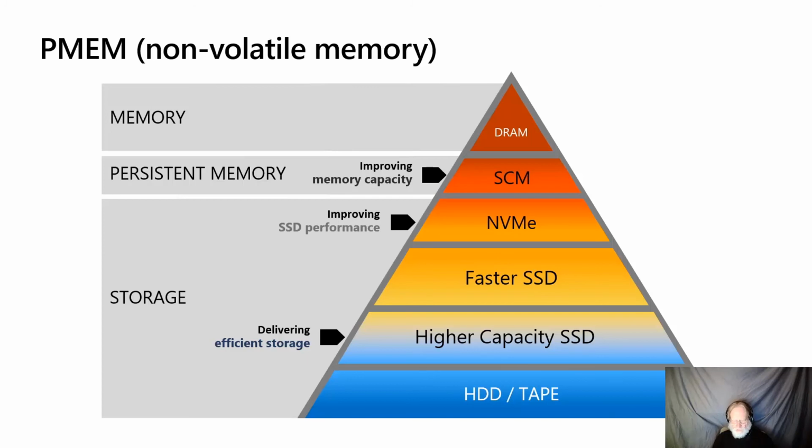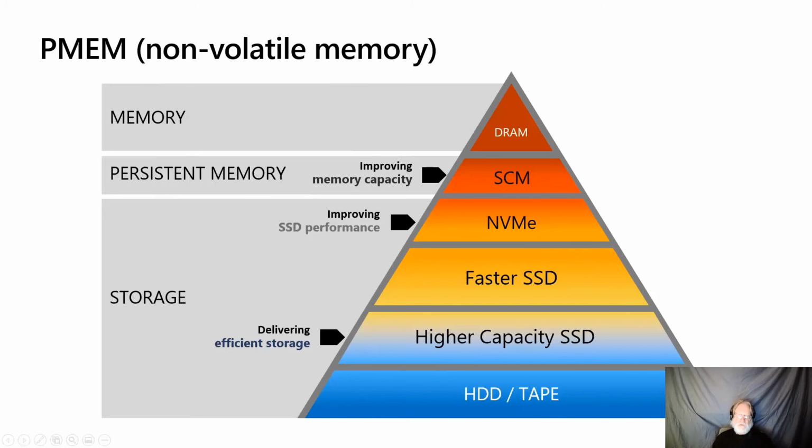Storage class memory is kind of synonymous with PMEM. It's persistent memory, NVDIMM, which is what I talked about, that has the DRAM and persistent memory on the same board with a capacitor to facilitate moving data back and forth.